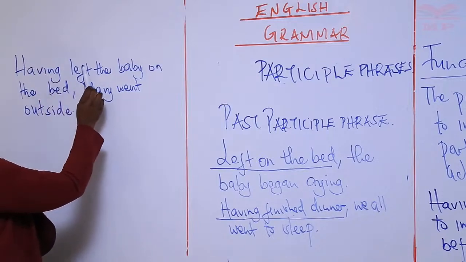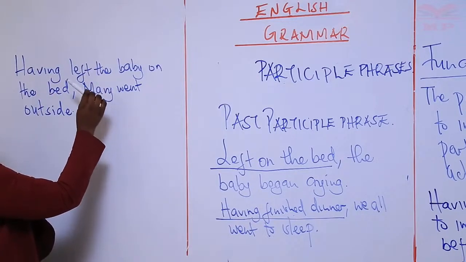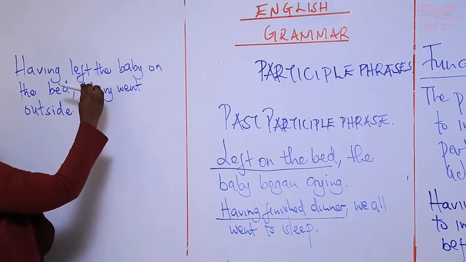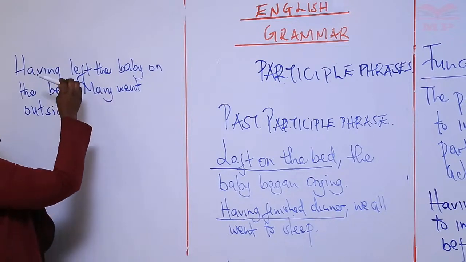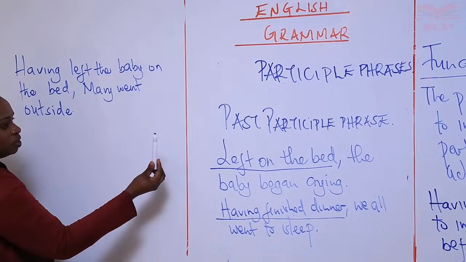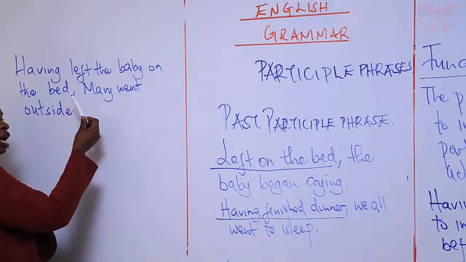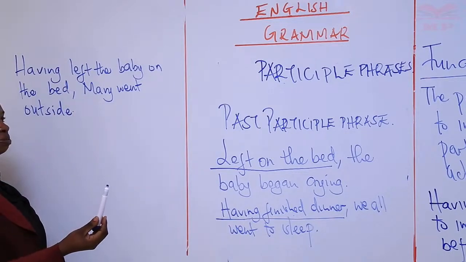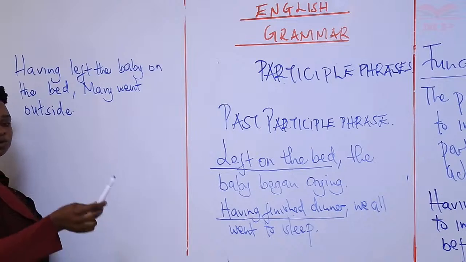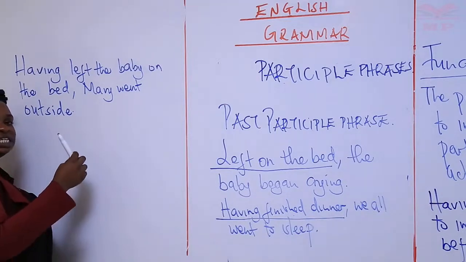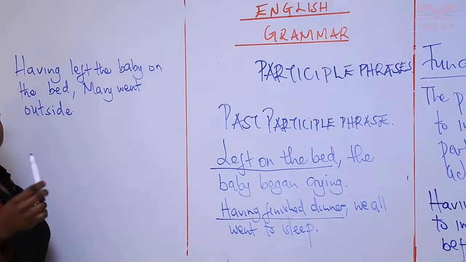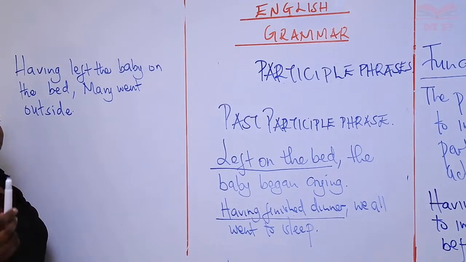So leaving the baby on the bed happens before Mary going outside. So we can use having, or we can just use the participle on its own to indicate that that action happens before the other begins. Remember, the past participle is used to indicate that one action happens before the other begins. The action in the participle phrase takes place before the action expressed in the main sentence.